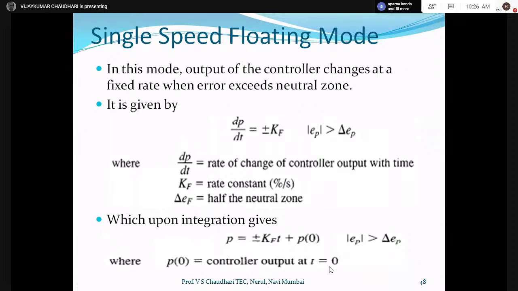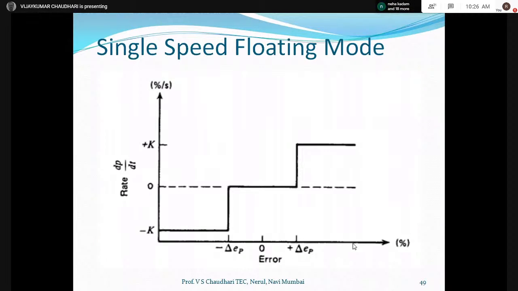t equal to 0 is the instant where the error enters the neutral zone. This will be best explained by the figure. This is the rate dp by dt versus E percentage error. So this is the neutral zone from minus delta E_p to plus delta E_p.